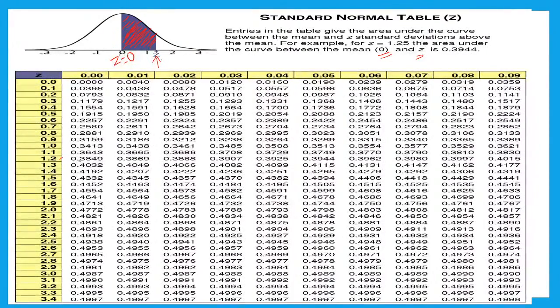You have to search for 1.2 and for 5 here, 0.3944. That is what they have given. How to see the table: for 1.25, first you search here for 1.2 in the row and 5 in the column. Row 1.2 and column 5. This 0.3944 is the value, corresponding to 1.2 here and 0.05. That is why for 1.25, this is the value.